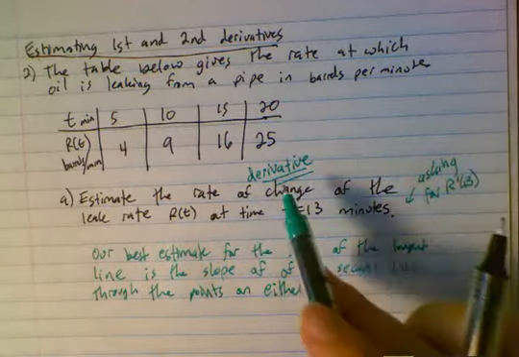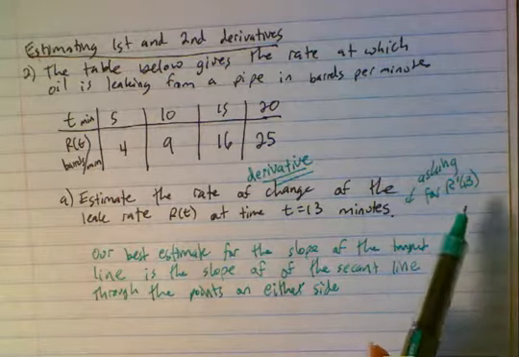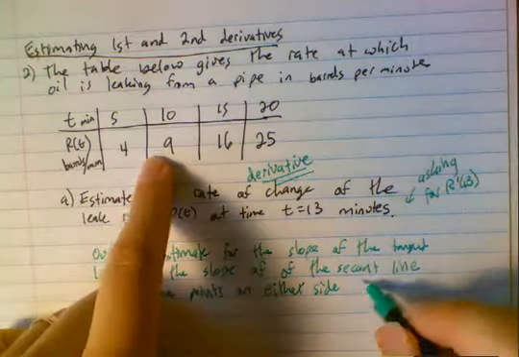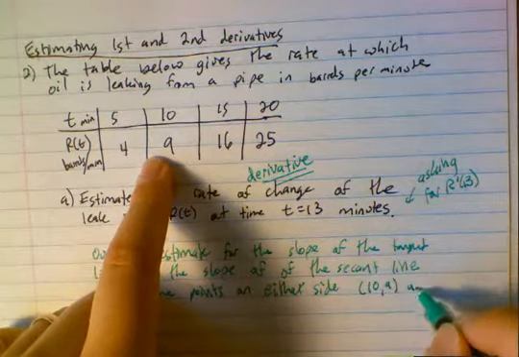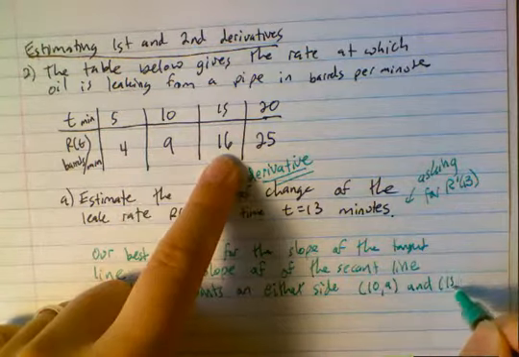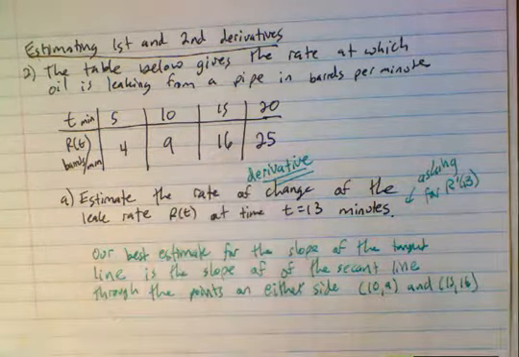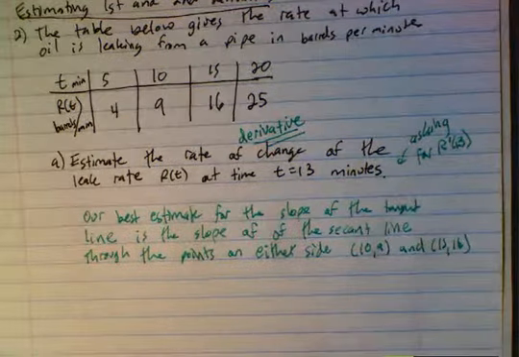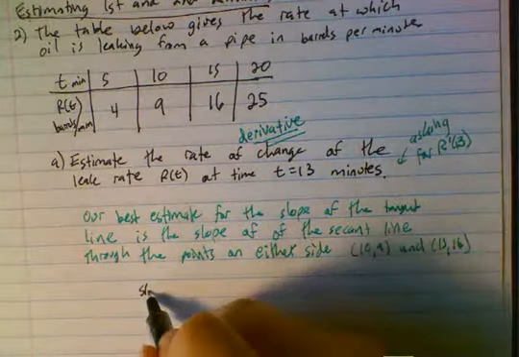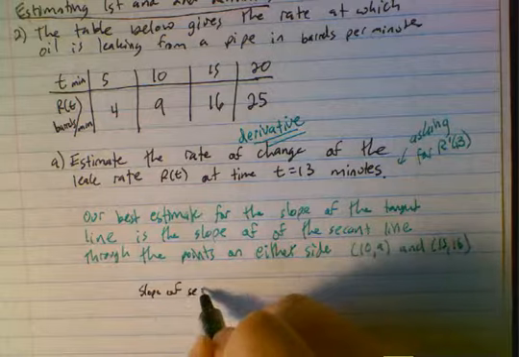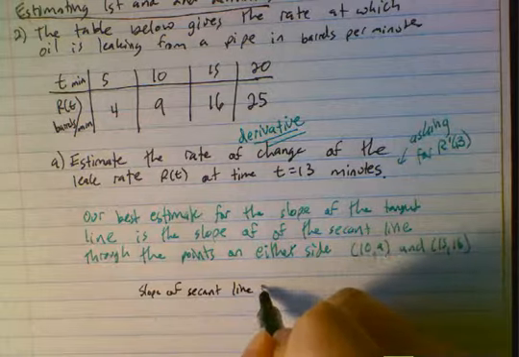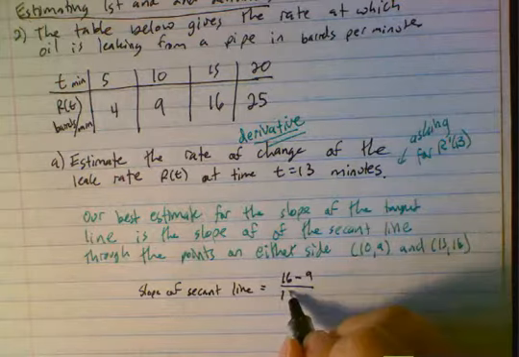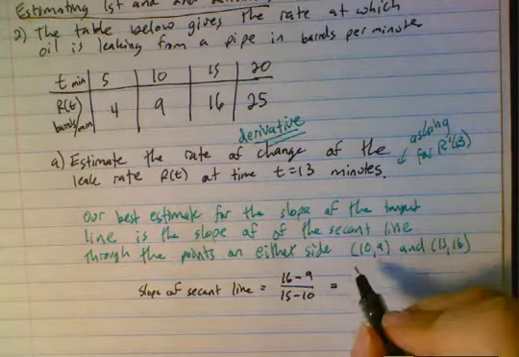Remember, the derivative is the slope of the tangent line, so we're looking for the slope of the tangent line at t equals 13. And the points on either side are the points (10, 9) and (15, 16). So we're going to use those to estimate the slope of the secant line. (16 minus 9) over (15 minus 10).